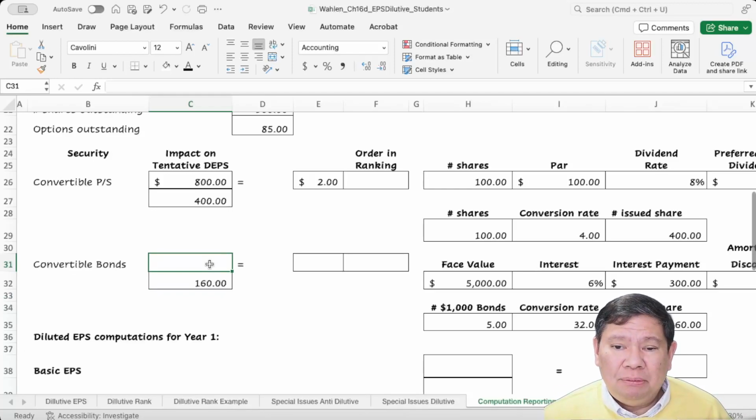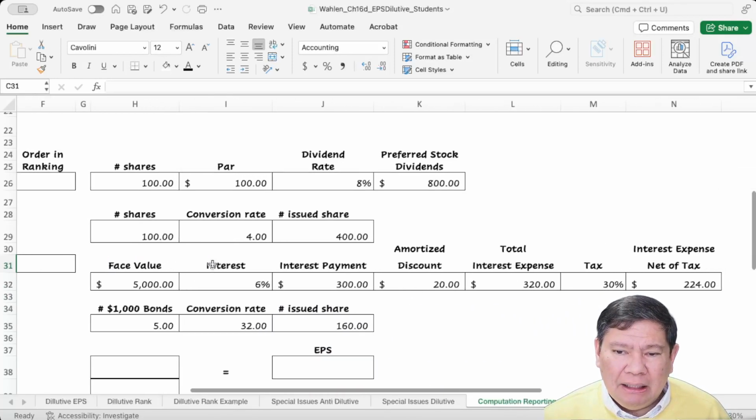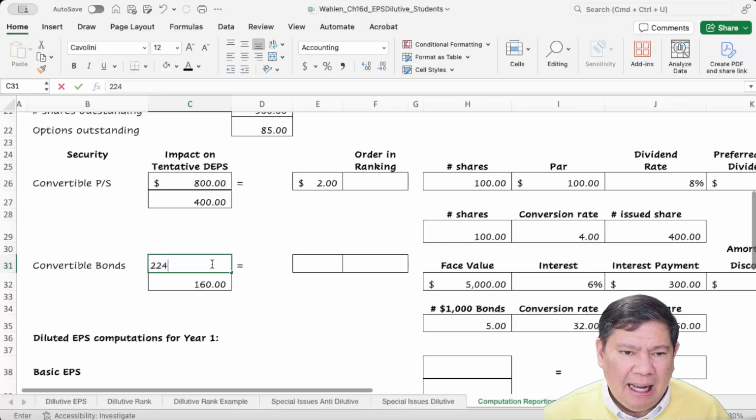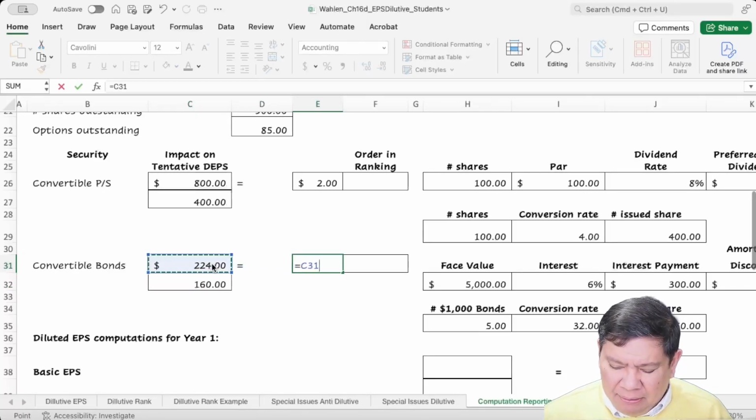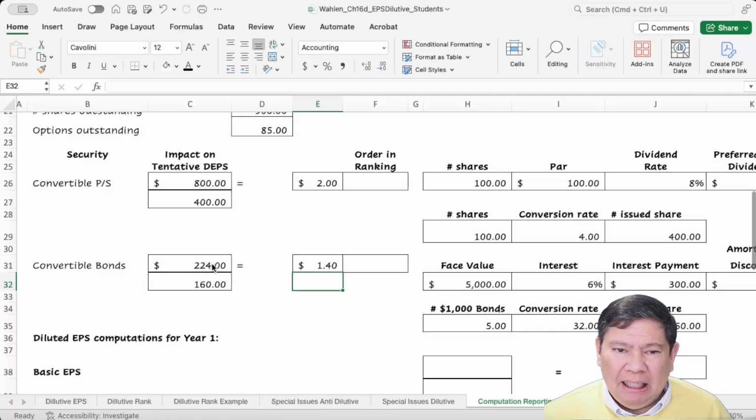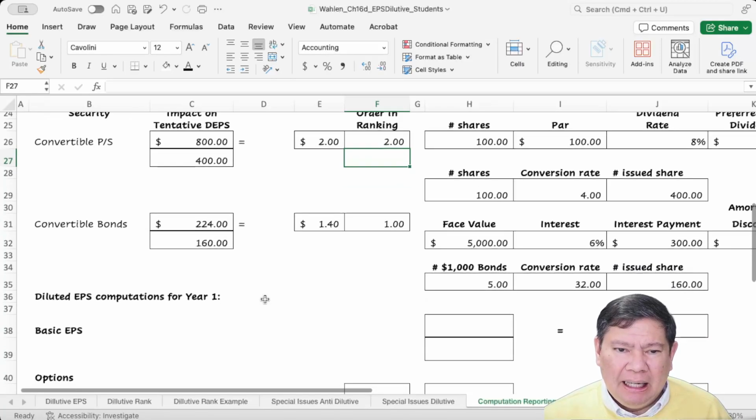And if it was converted, we didn't have to pay the $224 after-tax interest. The impact on tentative diluted earnings per share is 1.4. So that's the first ranking, and that's the second ranking. So we can do it in that order.